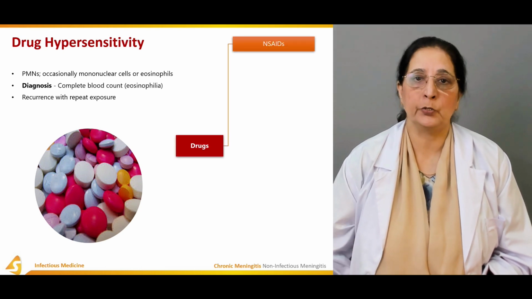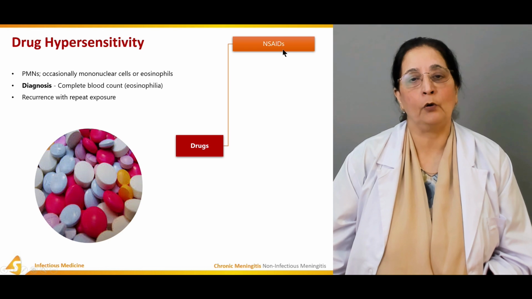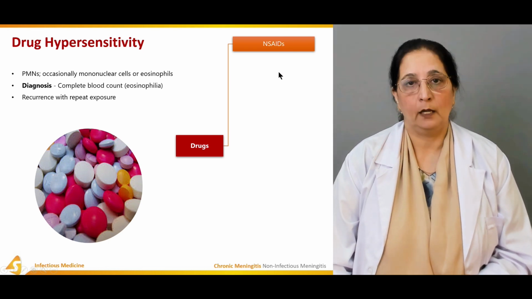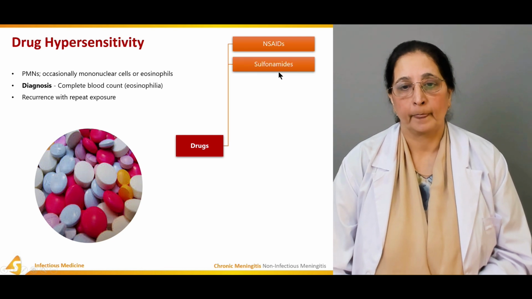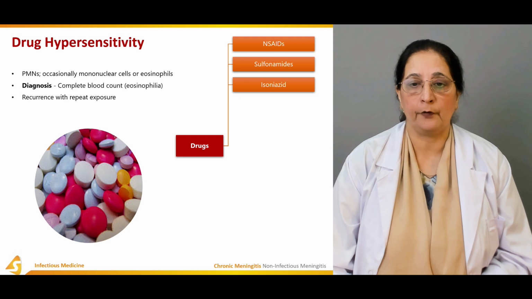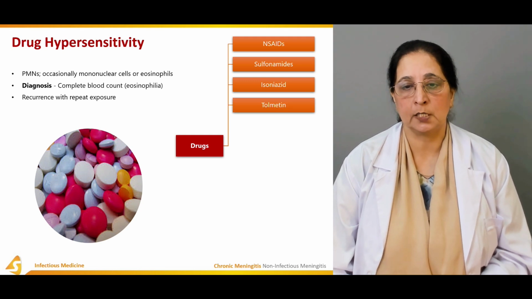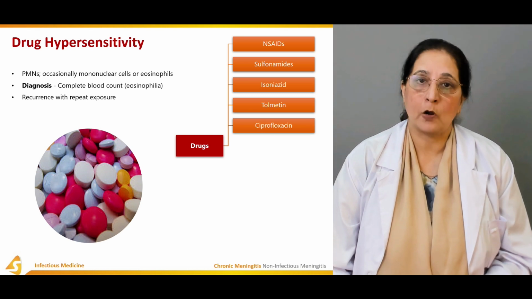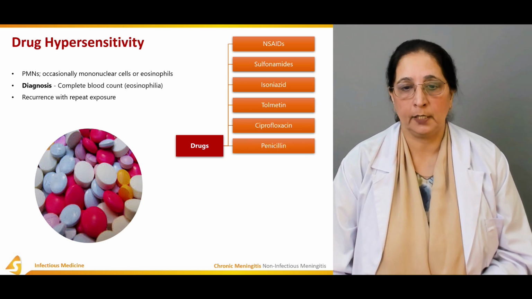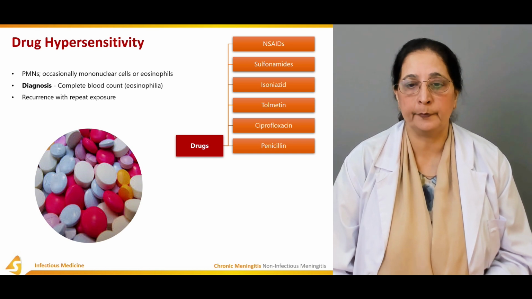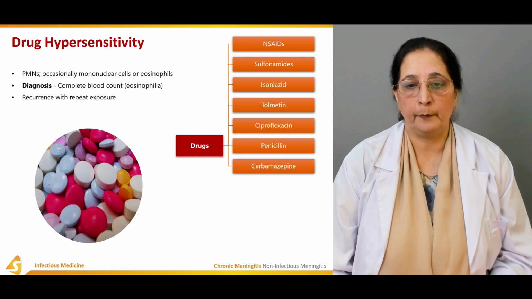Drugs commonly associated are non-steroidal anti-inflammatory drugs like ibuprofen, sulfonamides, isoniazid for tuberculosis, tolmetin, ciprofloxacin, antibiotics, and penicillin. A lot of antibiotics cause drug hypersensitivity.